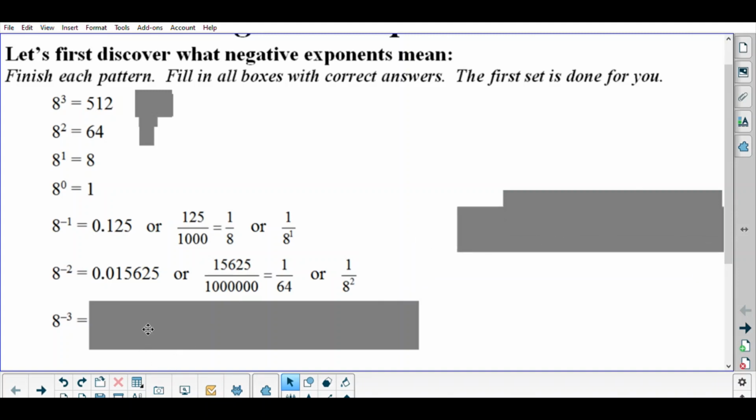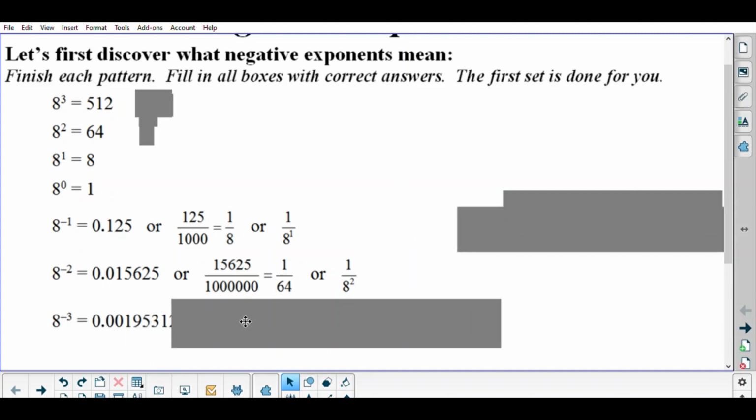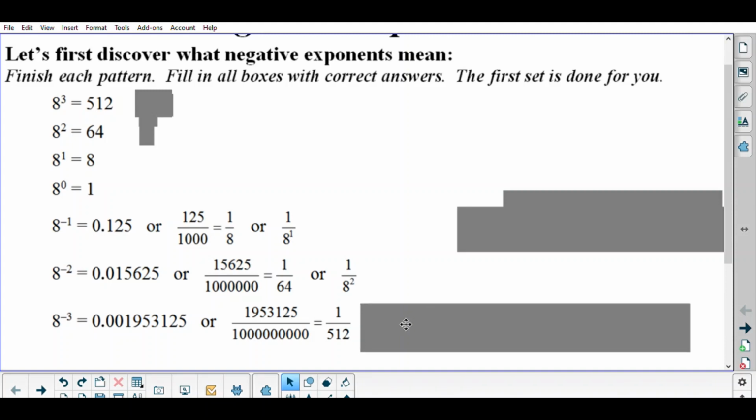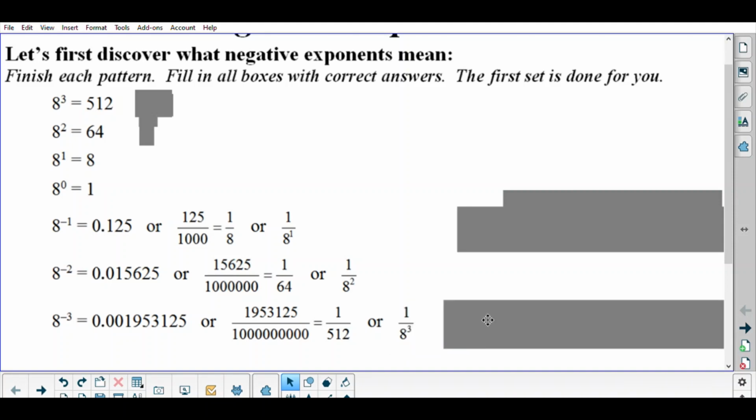Let's look at the last one. 8 to the negative 3rd is this lovely long decimal, which is the same as this lovely fraction. That's a lot of crazy zeros in that denominator. That reduces to 1 over 512. And some of you might kind of anticipate what the next thing is that I'm going to show if you're following the pattern here. That would be the same as 1 over 8 to the 3rd.